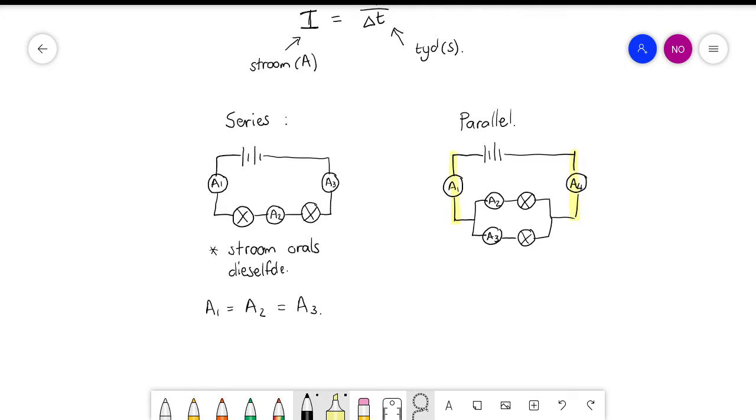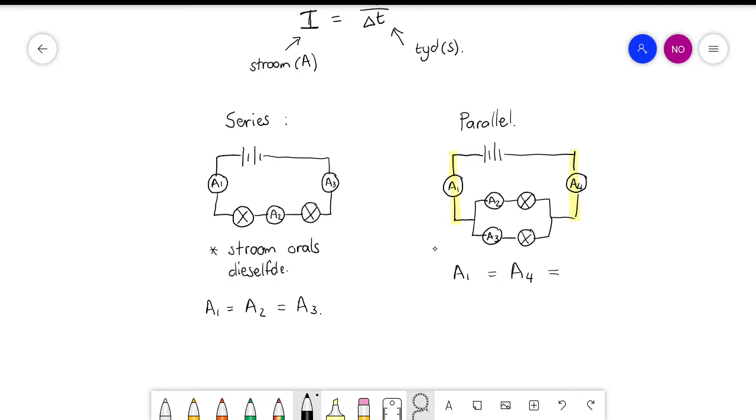Through A1 and A4, there's no other route for the charge to follow. Okay? So sien julle A1 en A4 is basies in serie met mekaar. Do you agree? Okay? But that part in the middle, we have two different routes for the current to split through. So do you guys agree that A1 will have the same reading as A4? Die hele lading gaan deur A1 en die hele lading gaan deur A4. No split there, no alternative route. Okay?